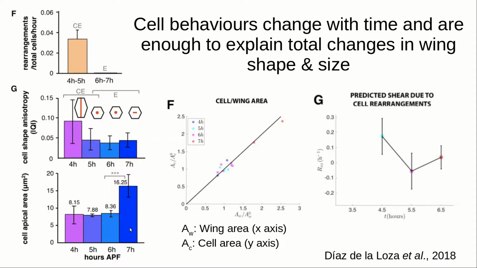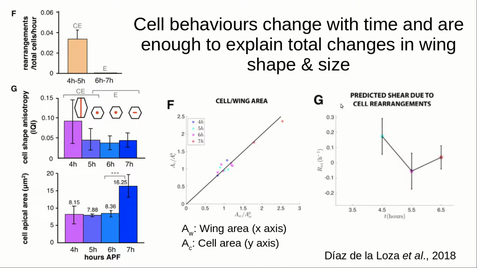However, even if you are measuring these changes in cell area, maybe there's something else that you are missing. So that's why they plot this here. They plot in the x-axis the increase in overall tissue area, and in the y-axis the increase in cell area, the contributions of individual cells.